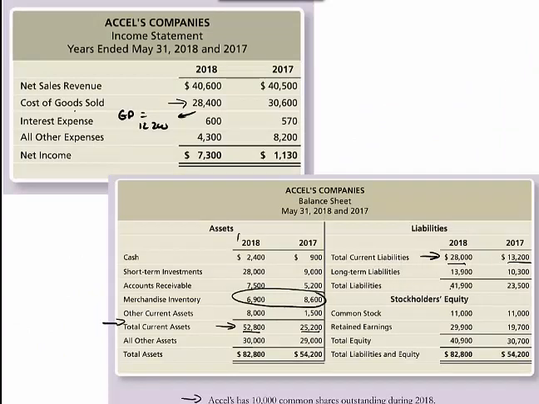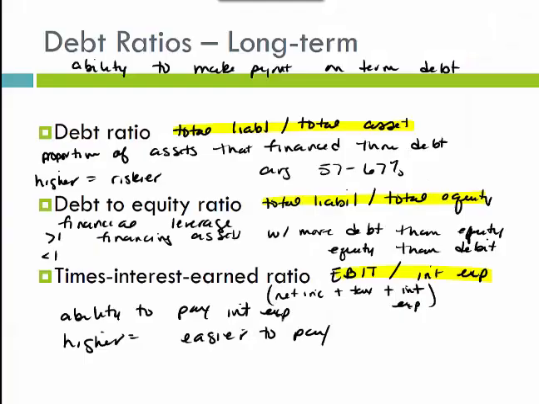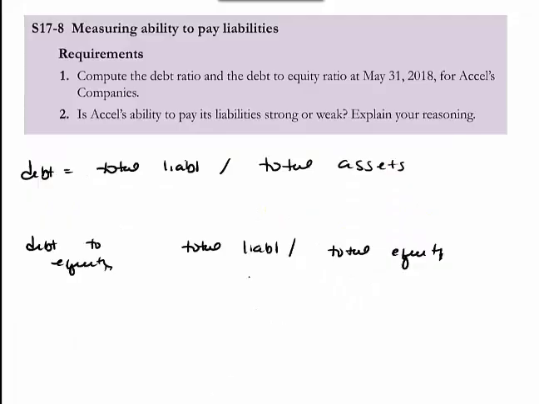I'm looking at total liabilities, total assets, and total equity. So these are the three numbers that I'm using for 2018. Total liabilities were 41.9. Total assets were 82.8. So I get 0.506, which is 50.6%.